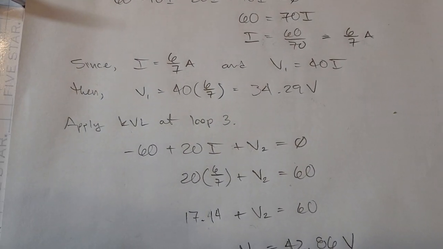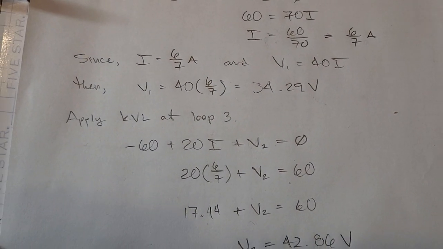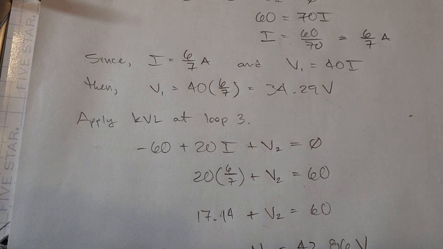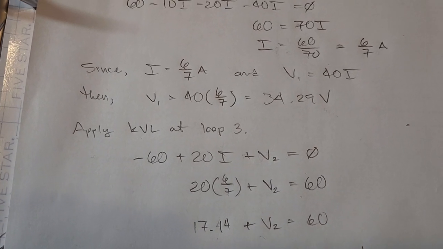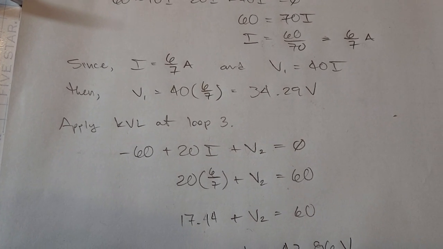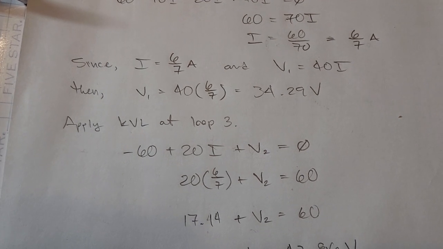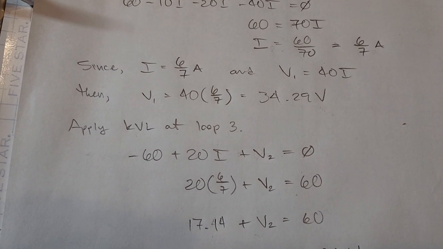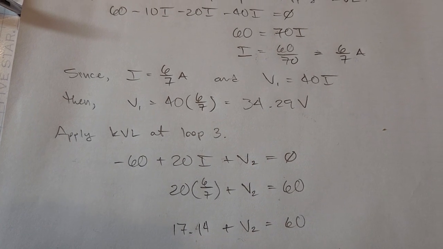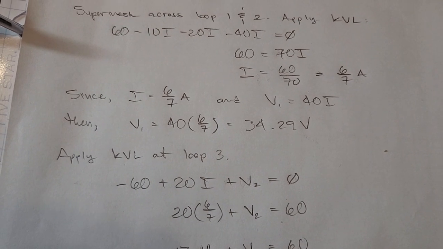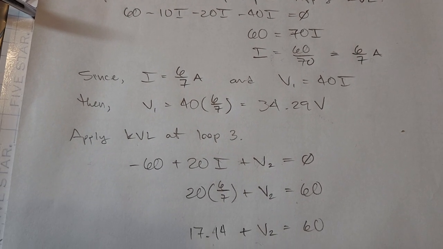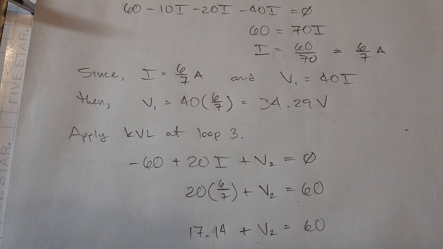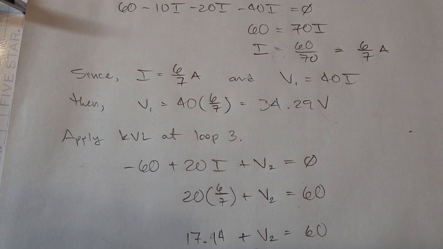And so I started collecting my terms around it per passive voltage convention. It yielded a -60, then 20I plus the voltage across the capacitor, which is V sub 2.